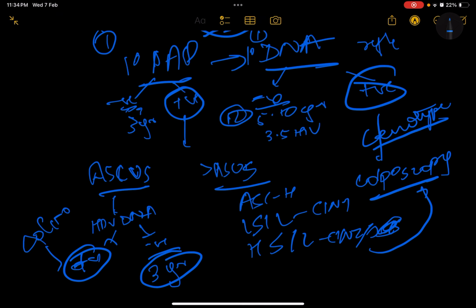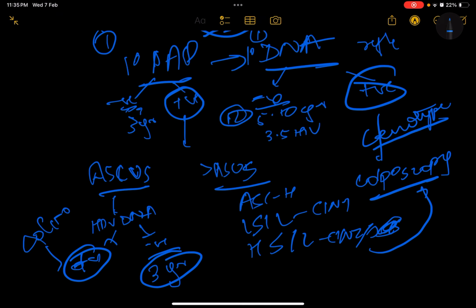If it's positive and you're more than 25, you do your reflex test, which we've already spoken about. LSIL less than 25, just repeat after 1 year. More than 25, do a colposcopy. HSIL and ASC-H you cannot actually rule out.